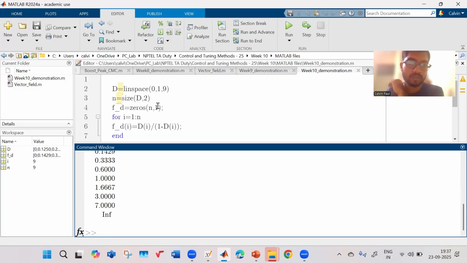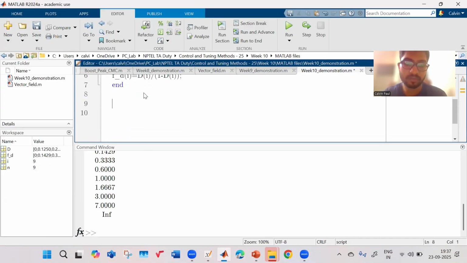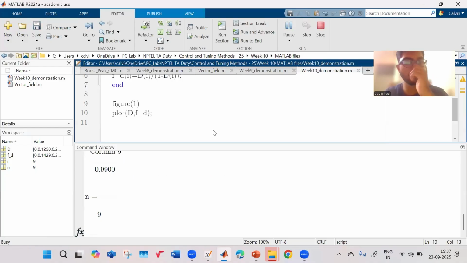So now let me make D change from 0 to 0.99, because otherwise it becomes infinite. Let me plot it with one plot of D comma function of D. Let us run this figure.